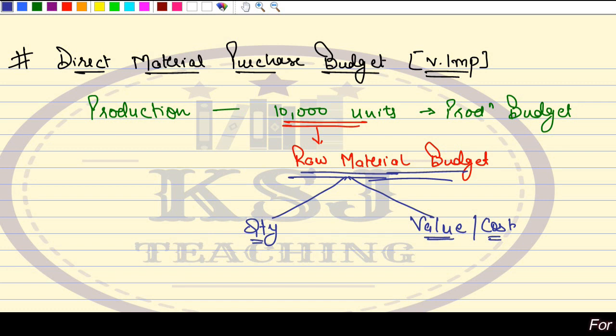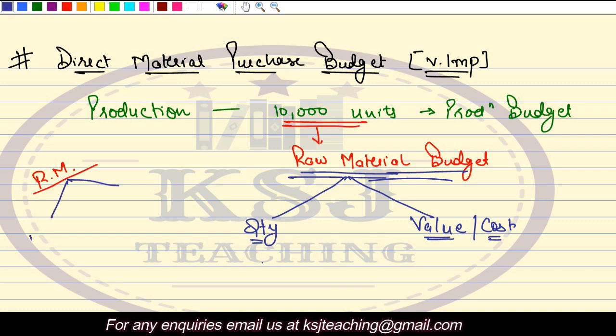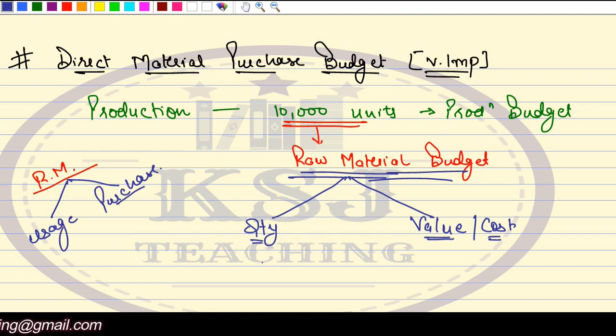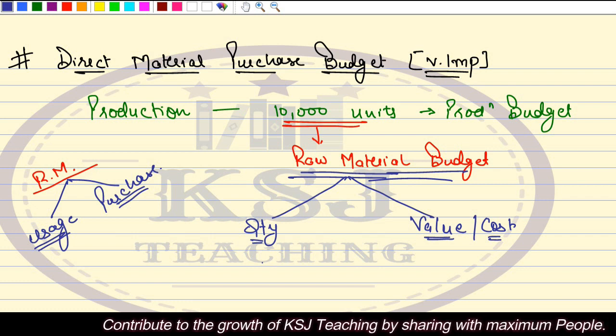First, usage. So basically you are studying two things about raw material: one is the usage, the other is the purchase. Usage is dependent upon the production, how much quantity you want to produce, and depending upon the usage we decide upon the purchase. Clear?